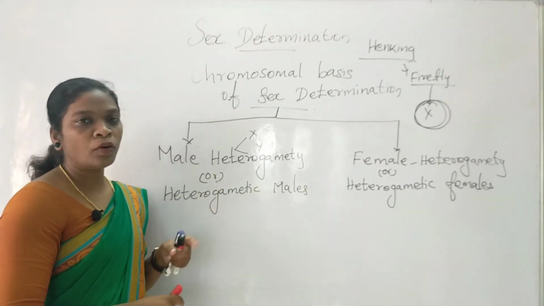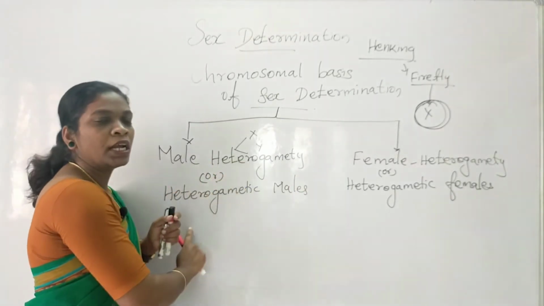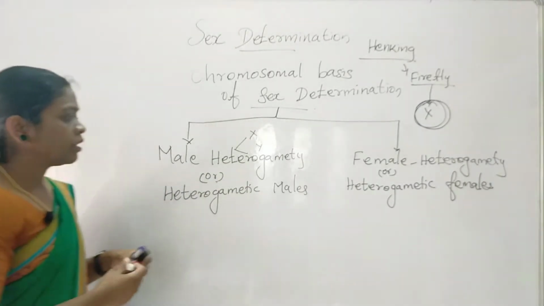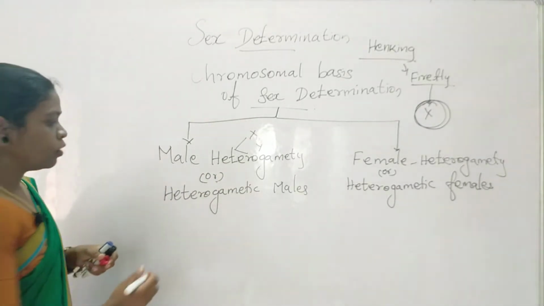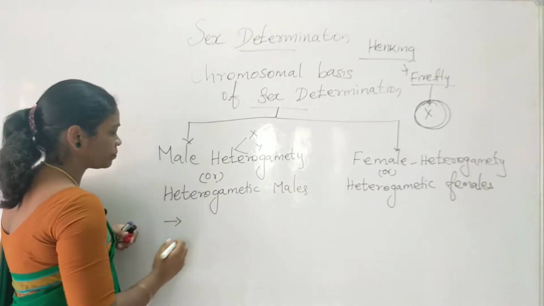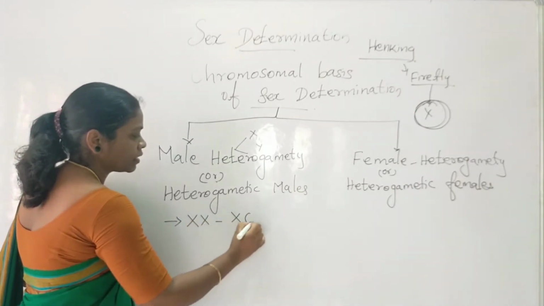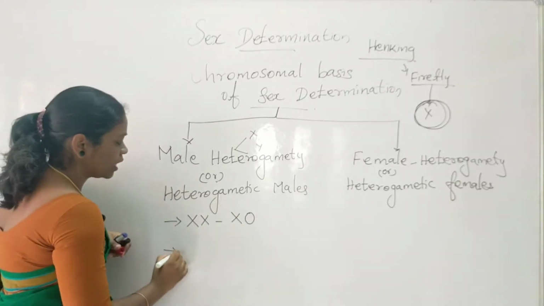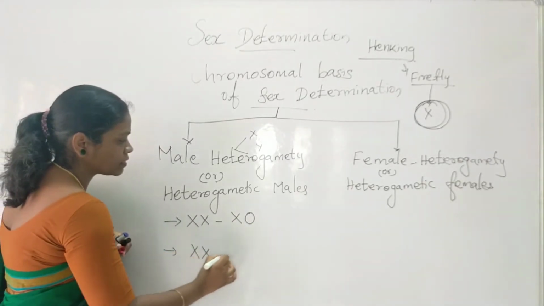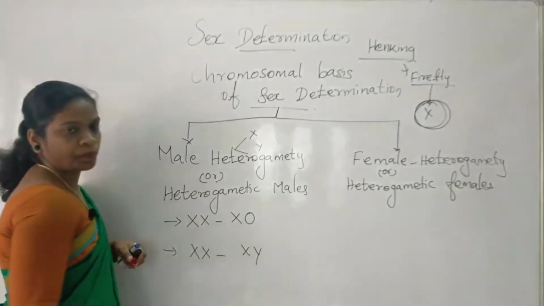Now we'll go in detail about what is male heterogamety or heterogametic males. There are two examples we are going to learn here. One example is XX, XO. Another example is XX, XY.